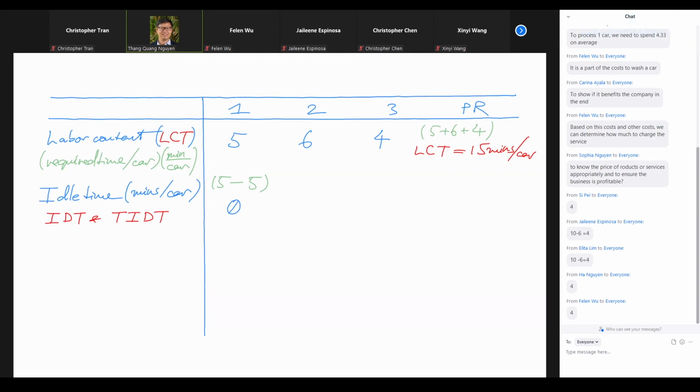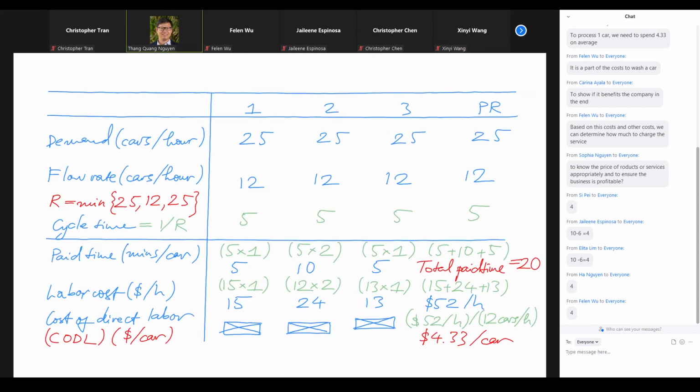So let me write out the equation with you. We pay the workers at station 2 to work for 10 minutes. So that's why we have that 10 right here per car, right? We pay the 2 workers at station 2 to work on the car for 10 minutes, 5 minutes per worker, right?